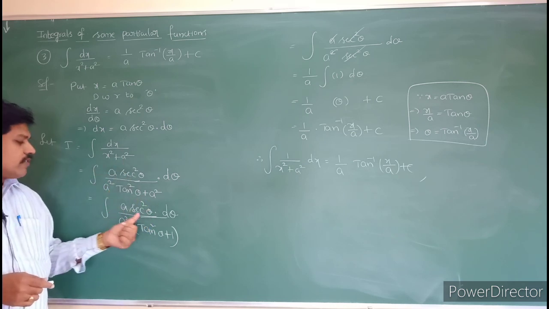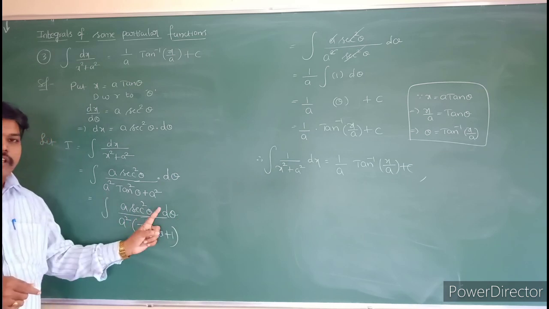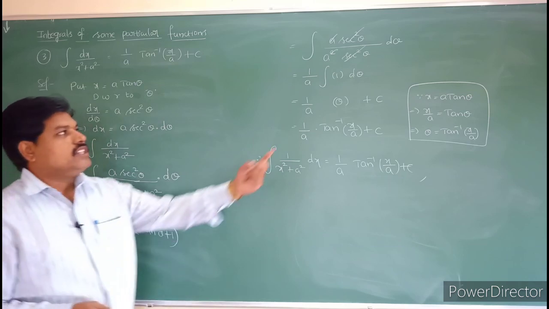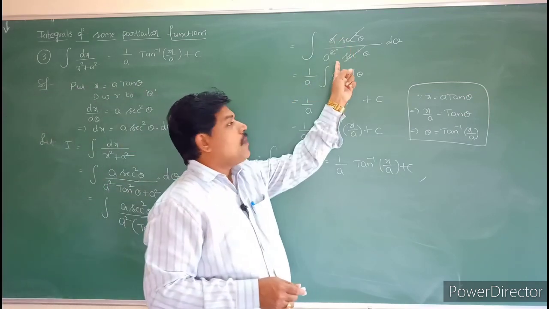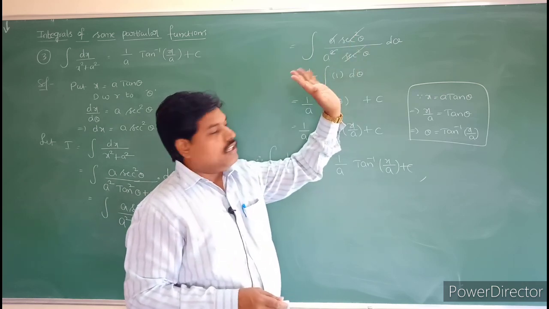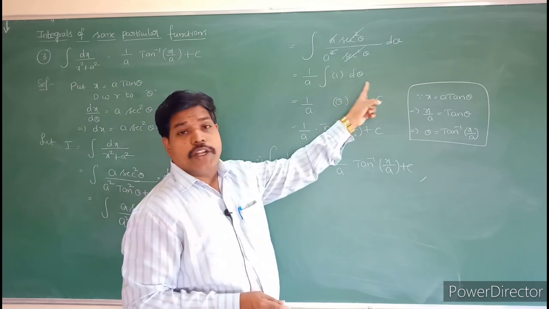Take a square common: tan square theta plus 1. Tan square theta plus 1 is nothing but secant square theta. So a by a square, cancel one a, and secant square theta will be cancelled. You can write it as 1 by a into the integral of 1 into d theta.